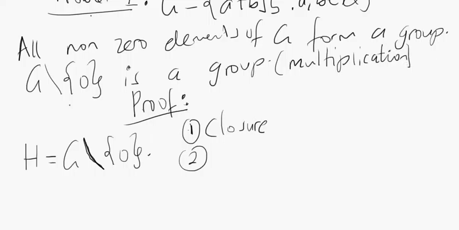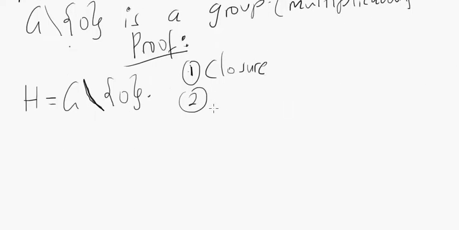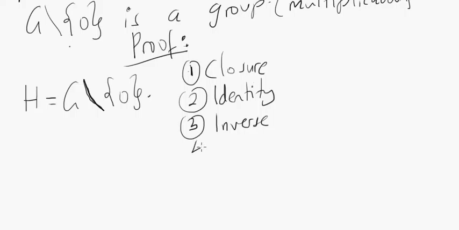So the set is closed. The other thing, we need to prove that there exists an identity element. The other thing we want to prove is that an inverse exists. Every element has an inverse. We also want to prove that associativity holds. If our set satisfies all 4 properties, then H really is a group.